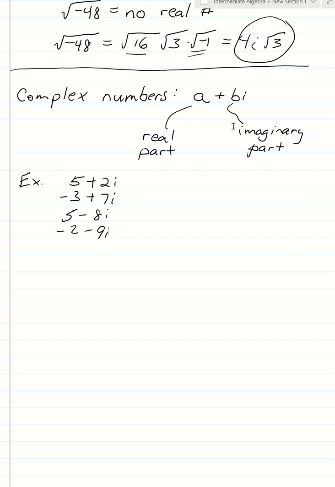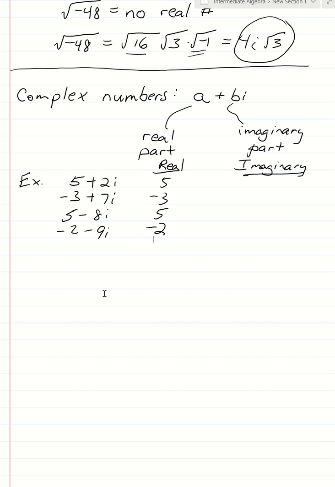And if we were to identify the part that is real and the part that is, of course, the imaginary part, we could do that. The real parts would be the 5, the negative 3, the 5, and the negative 2. Those are the real parts of these complex numbers.